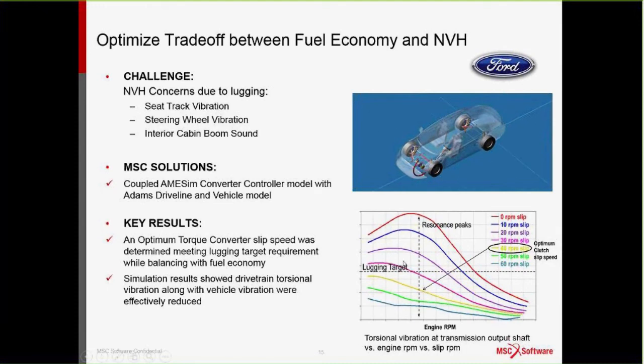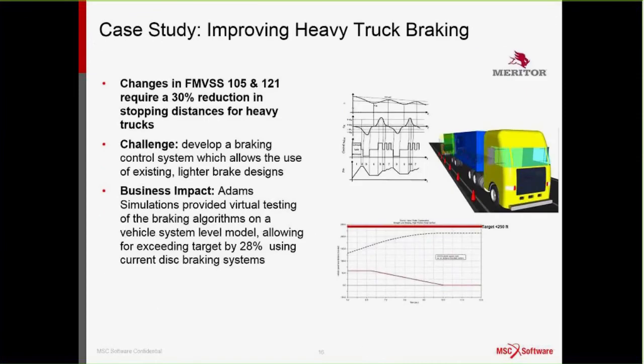And that's how we are using the combination of a high-fidelity torque converter model in a control software and a full vehicle model in Adams to evaluate in which scenario we will have the best trade-off between the fuel economy and the NVH. Next example is from Meritor.